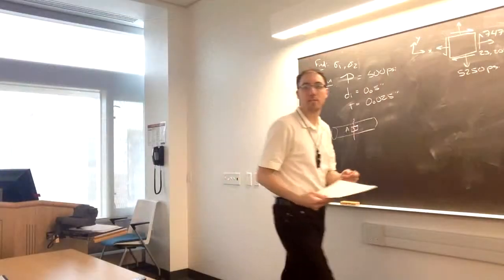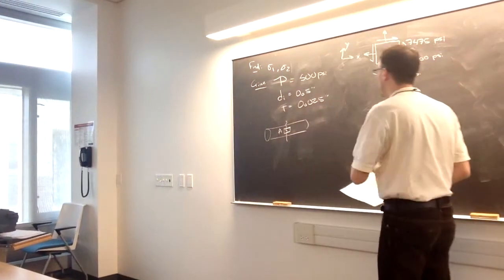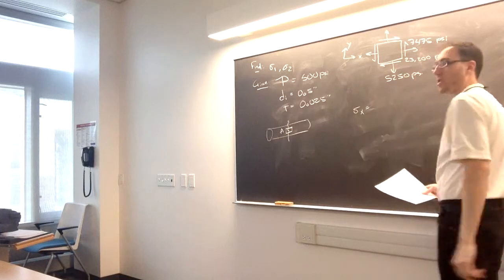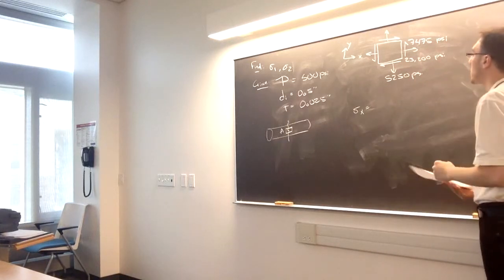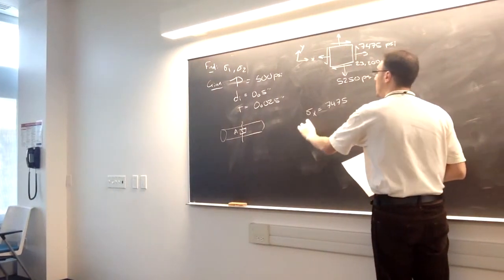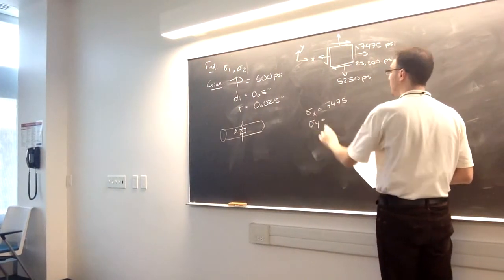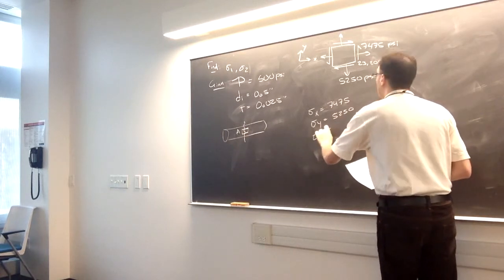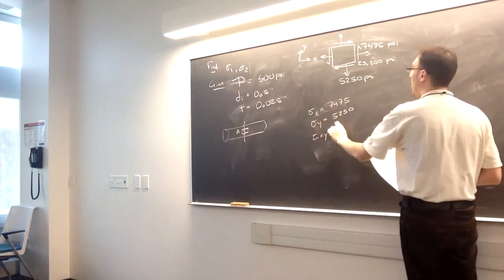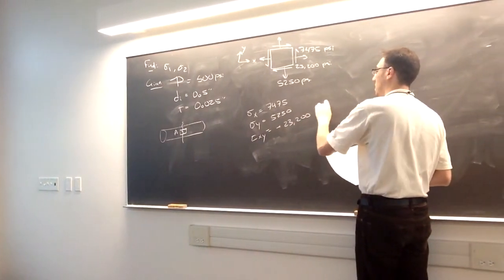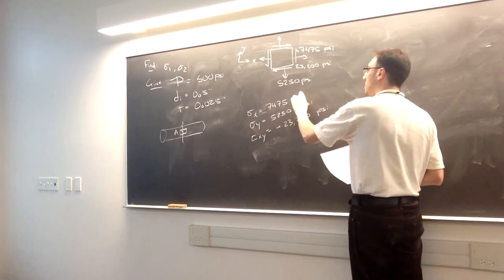What are my principal stresses, since that's the end point of why I need it here? First, I need to identify, again, with the correct sign from this picture. My sigma x is 7475. Sigma y is 5250. And tau xy is going to be a positive 23,200. Everything in psi.